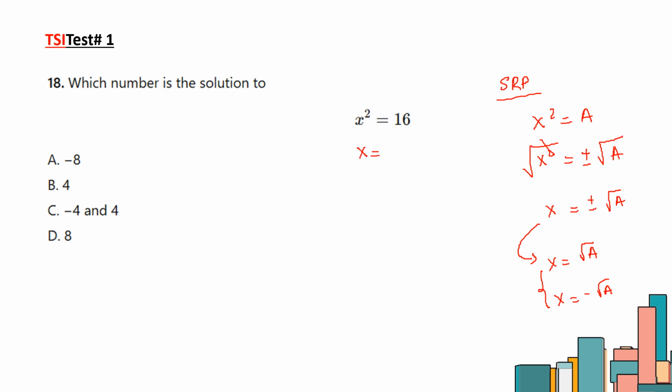We have x equals plus or minus square root of 16, which is 4, because 4 squared is 16. So x will be positive 4 and x will be negative 4. So C is the correct answer.